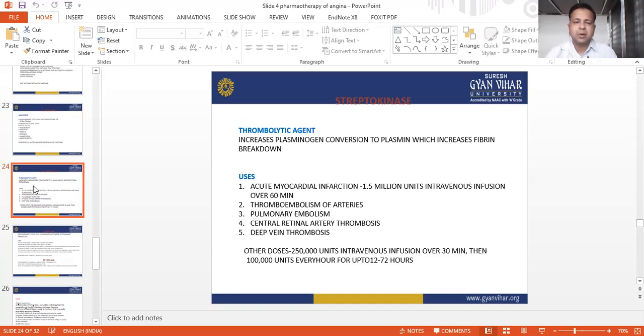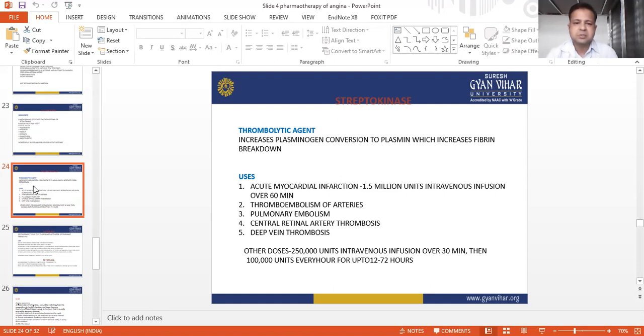Streptokinase, thrombolytic agent, increases plasminogen conversion to plasmin, which increases fibrin breakdown. Uses: acute myocardial infarction, 1.5 million units intravenous infusion over 60 minutes; thromboembolism of artery, pulmonary embolism, central retinal artery thrombosis, deep vein thrombosis.